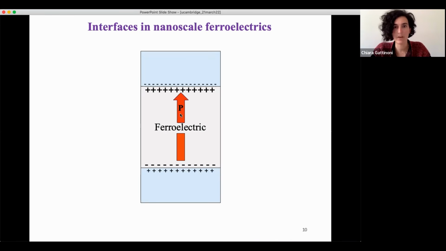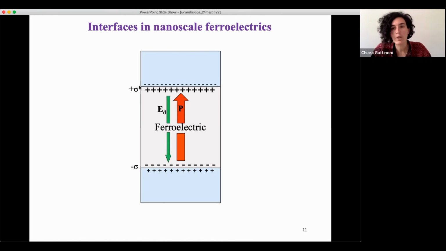So if we have a ferroelectric polarization, which induces these bound charges at the surfaces, then the surrounding will try to compensate them, whether it is a metal or by absorbing molecules on it. But generally, this screening will be imperfect, especially if we think of a metal, there's a screening length.